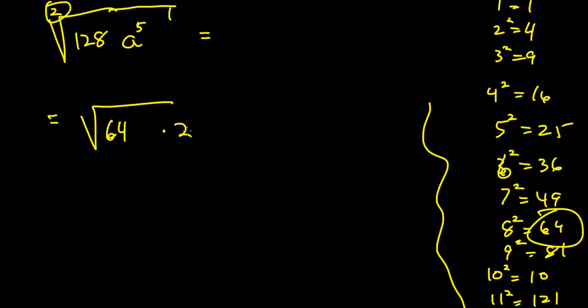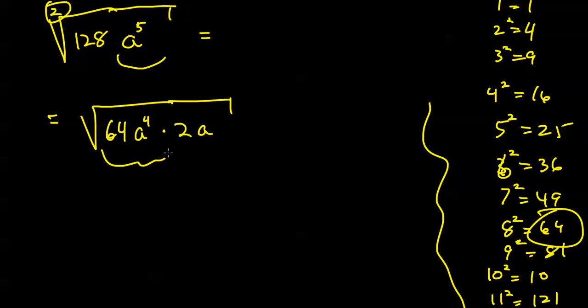Alright, now what I'm going to do is pile up the factors that are going to come out from under the root sign on the left. Similarly, a to the fifth is not a perfect second power, but a to the fourth is, and I can rewrite a to the fifth as a to the fourth times a. So the perfect square factors that are embedded, I can separate off to the left.